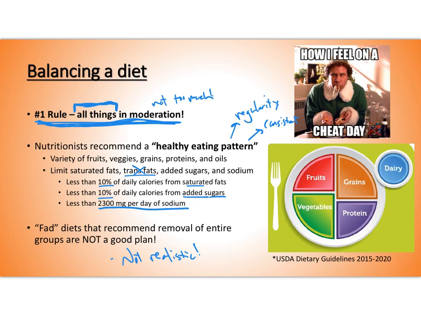And so those types of diets are sometimes dangerous, but the biggest thing is that they're not very realistic because they're very hard to maintain over a long period of time. Whereas if you can just get used to eating right, not eating in excess, not eating too much of any one thing, then you can maintain a healthy diet and a healthy lifestyle a lot easier.